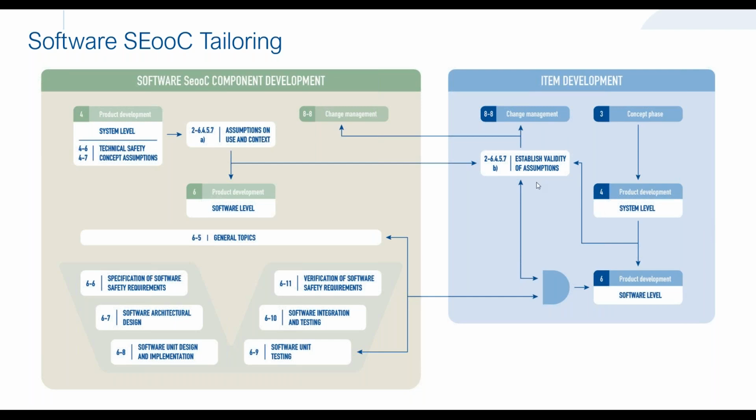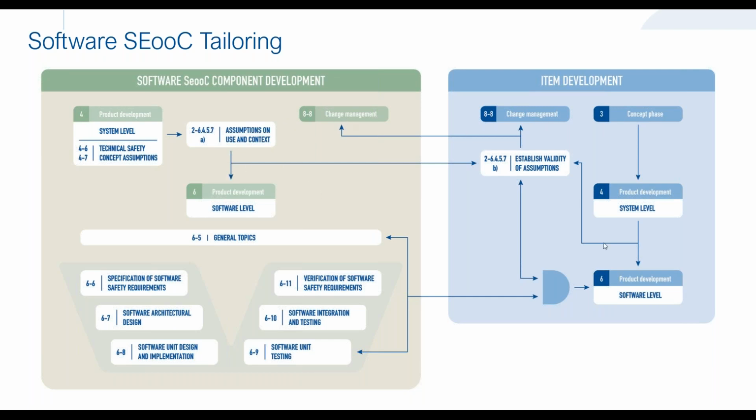And we first look at the assumptions it needs to make of a component to be integrated with it. And we match those assumptions with the assumptions made in developing the SEooC itself, the software element. Then if the assumptions don't match, we use the change management of the SEooC to try and make those match, or we modify the requirements, using the change management on the item development to refine them more accurately so they match those of the software element.